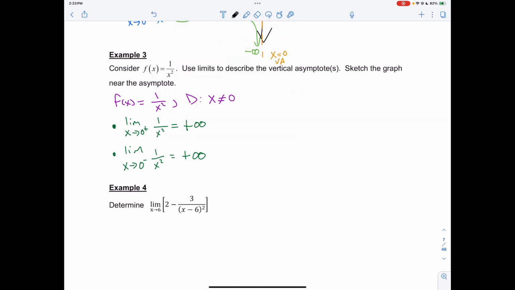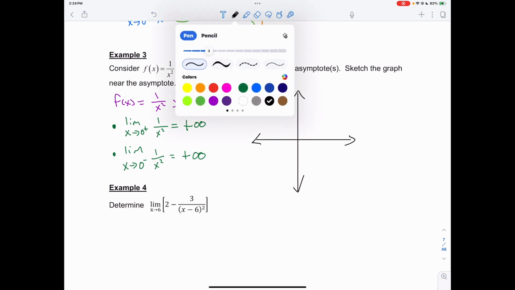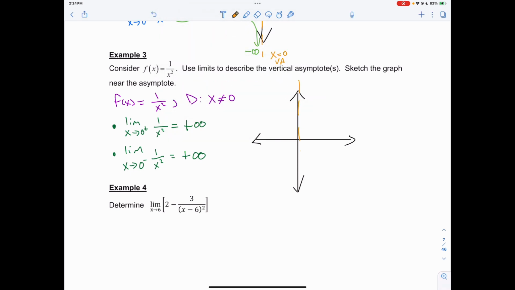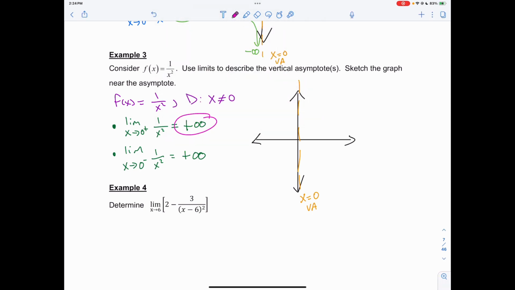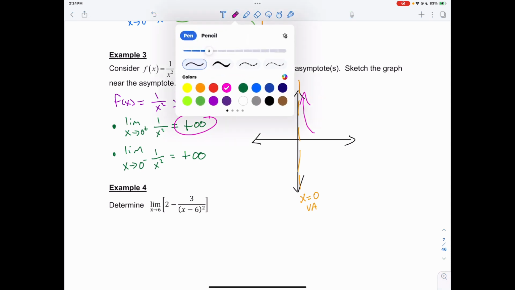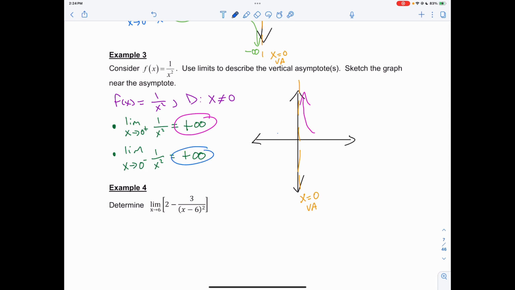Which means that unlike the 1 over x, when I do it for the 1 over x squared, at that vertical asymptote where x equals 0, when it approaches from the right, it's going to approach positive infinity. When it approaches from the left, it's also going to approach positive infinity.